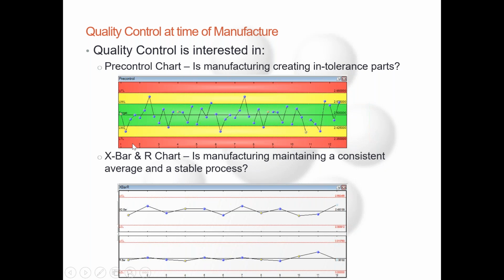The R portion is the distance between the highest point and the lowest point. So that's what this R would be. Here's the lowest point, and that would be the highest. And there's the lowest, there's the highest, and so on. And those are the R values. So this is showing that over a short period of time a machine made parts that varied this much in a dimension.